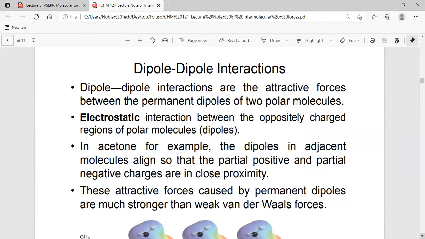So dipole-dipole attractions are the attractive forces between a permanent dipole of two polar molecules. So there is a polarization of the bond to give you a partially positive part and a polarization of the bond to give you a partially negative part. And those two charges would then interact in what we call the dipole-dipole interaction.